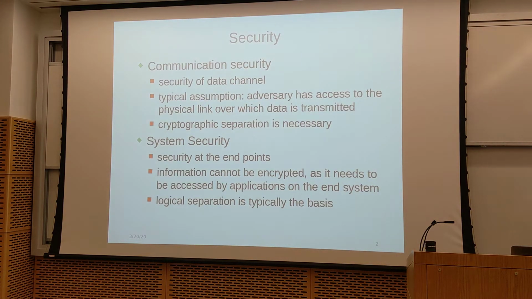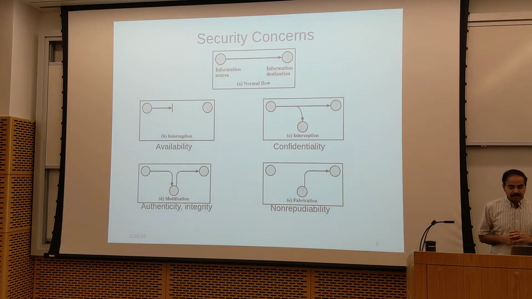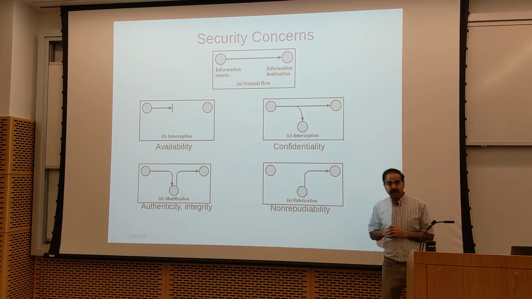So these all provide some way to separate, but that's all dependent upon some software underneath that's working correctly to enforce these access control policies. In the case of communication security, you generally cannot assume that the channel on which you're transmitting is secure, and therefore you need to develop really powerful security primitives that can work correctly in spite of the fact that an adversary may be in control of the channel over which you are transmitting information.